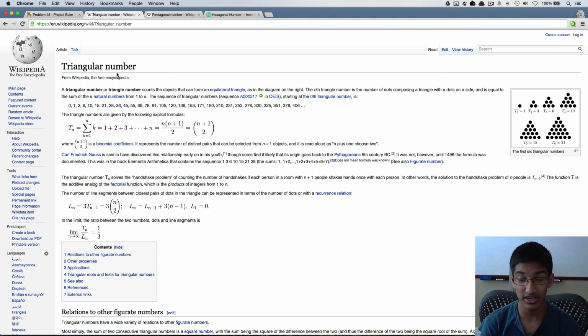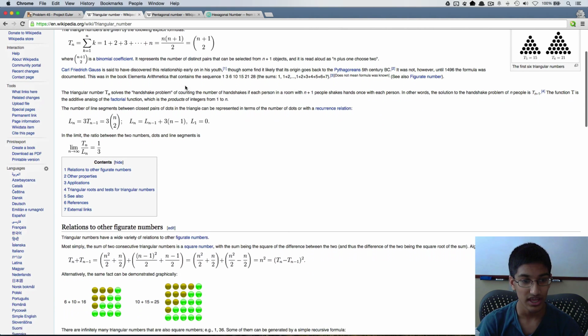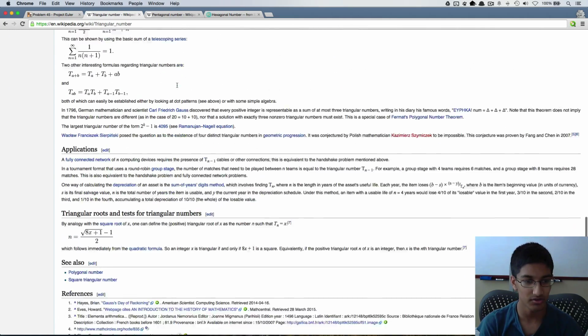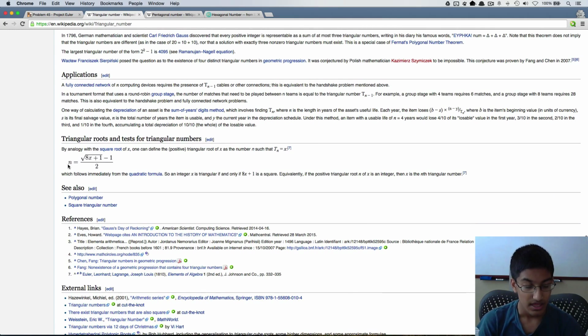Well, we can go to the Wikipedia article for triangular numbers, and if we scroll to the bottom, we can see the reverse formula. So given the triangular number x, what is the index of that number? The way we're going to detect a triangular number or pentagonal number is first get its index and then put that index back into the original formula to see if we get back what we started out with.